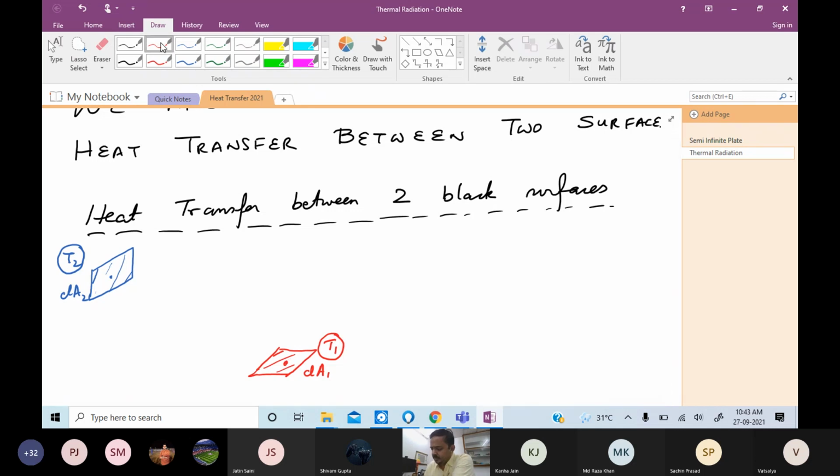Let us say that from this point to this point, I am very bad at drawing lines. Let me see. Okay, so this distance is separated by distance L.